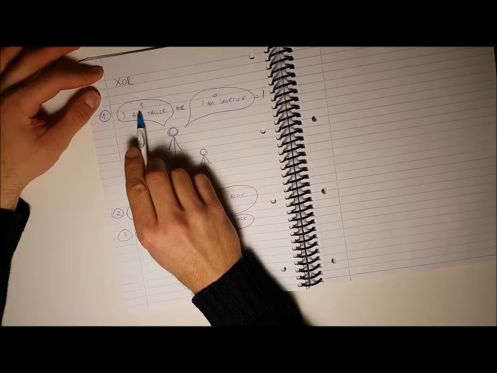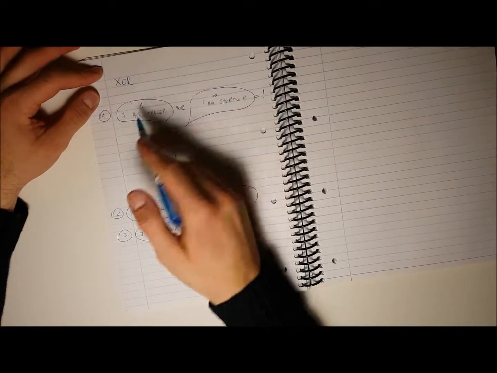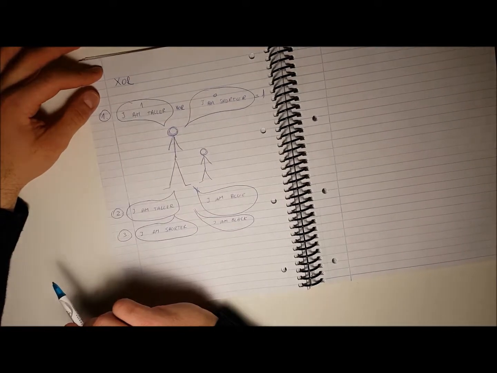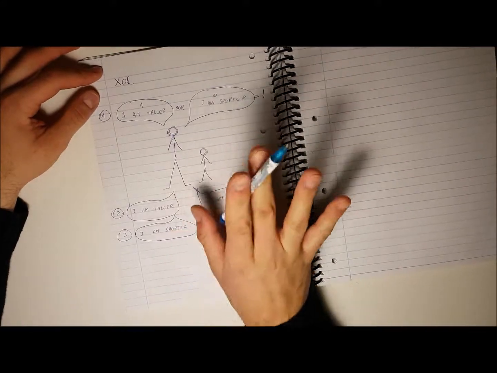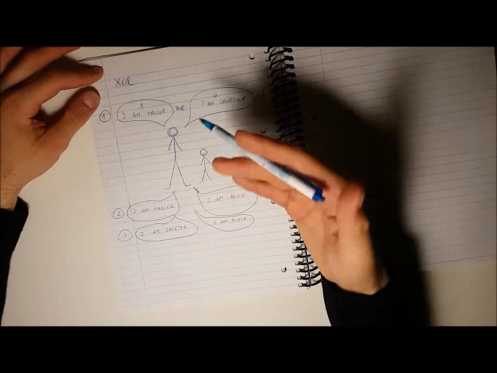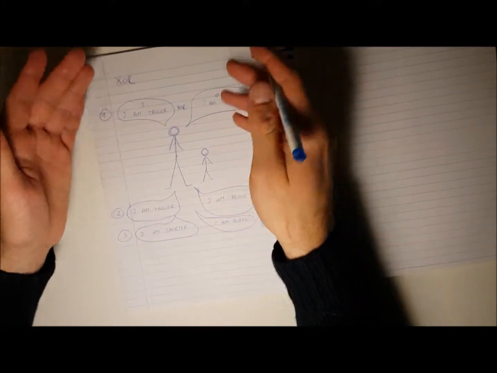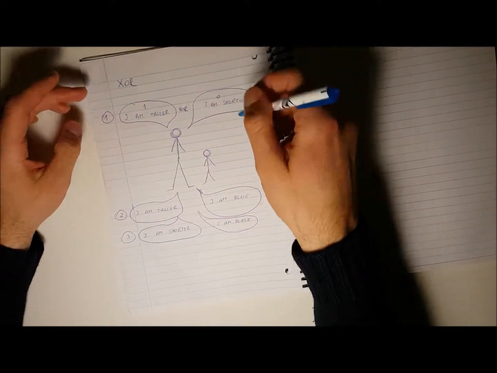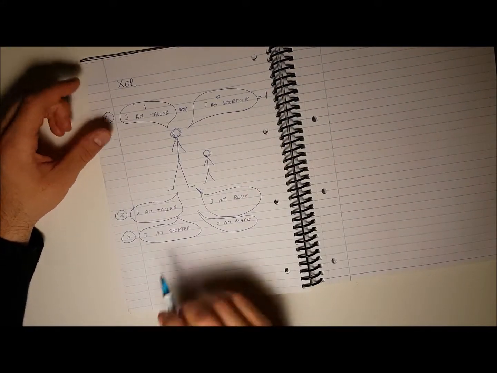For XOR, just one literal, in this case one statement, is true, the rest of them aren't true, and that's the only situation where the XOR will yield the true result.